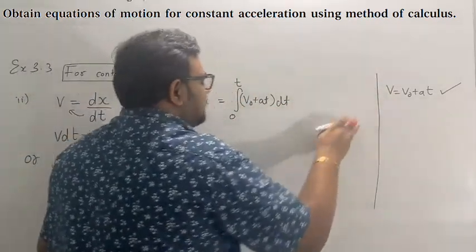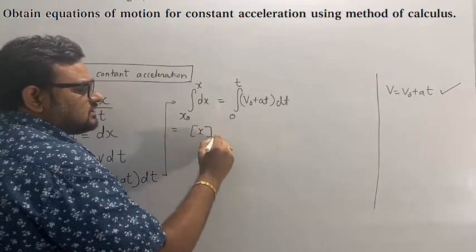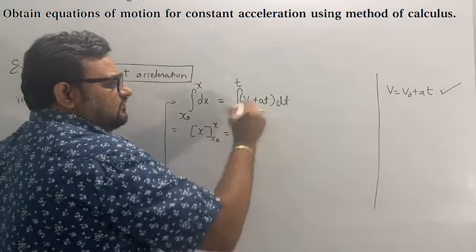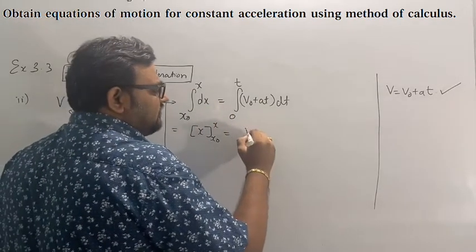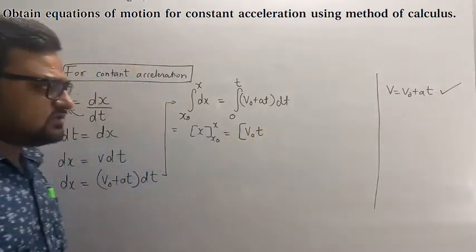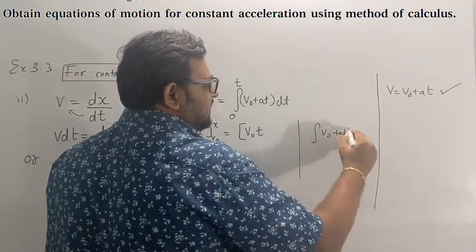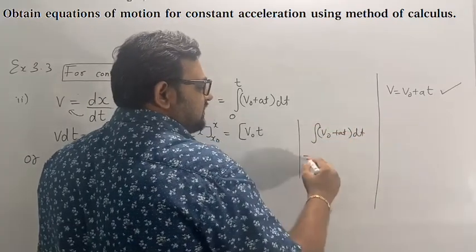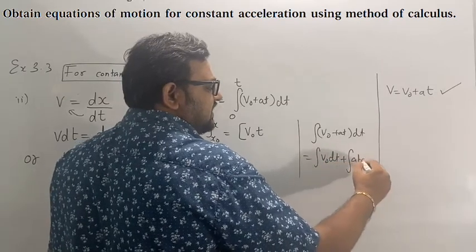Now the integration of dx is x. v0 is the constant term, so it will be v0 t. I'm splitting it in this way: integration of v0 plus at dt is equal to integration of v0 dt plus integration of at dt.